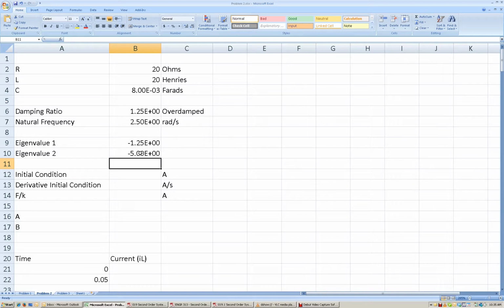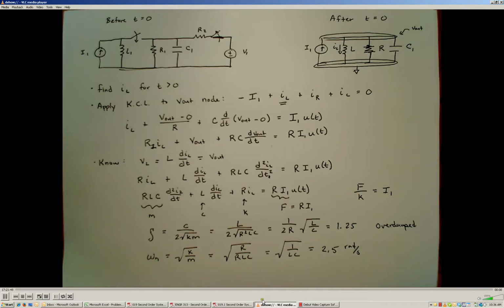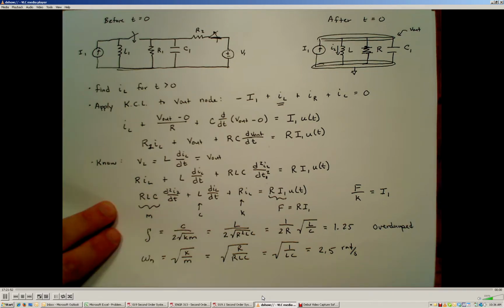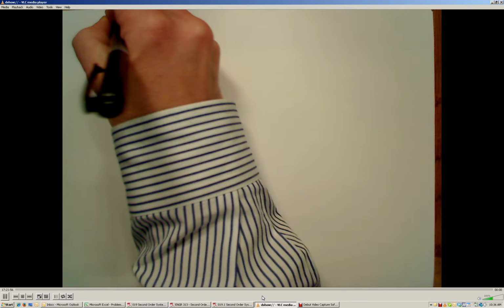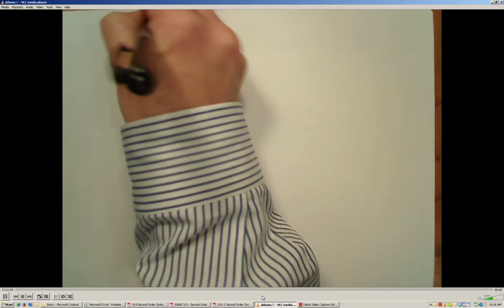To determine the initial conditions and the derivative initial conditions, I need to look at what's happening with the system before and after the event occurs, and use the relationships between how quickly the capacitor and inductor voltage and current values can change. Before time equals 0, we have two separate systems because of the switches.